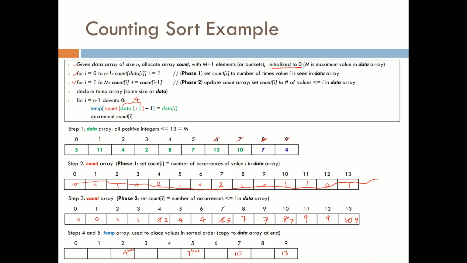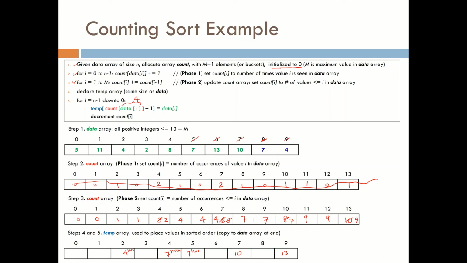Take the 7 and index the count array. There's a 5 there. Subtract 1. That's a 4. So this is the 7 green. And decrement that, make it a 4. Okay, and we're done with this one.